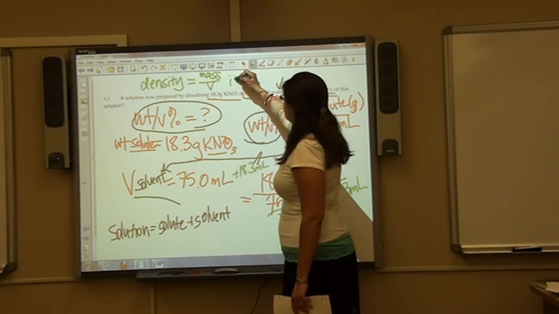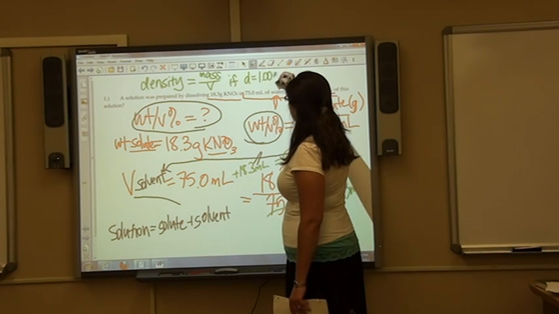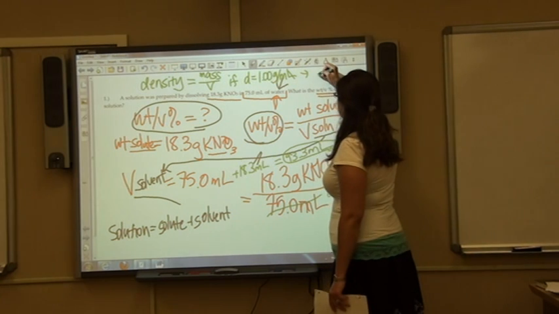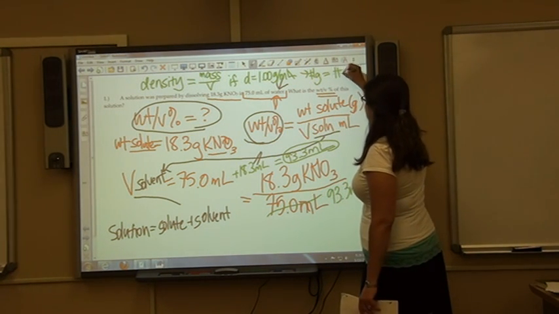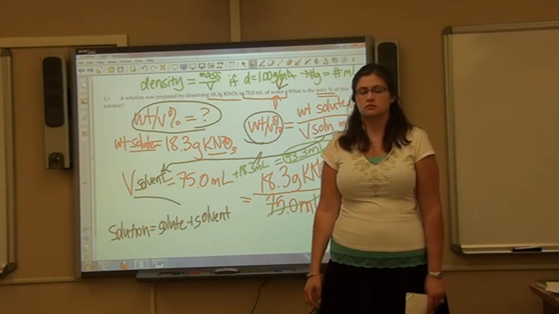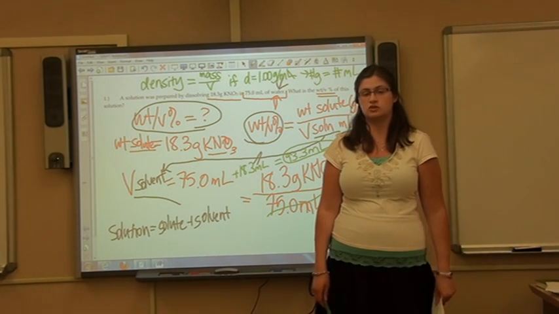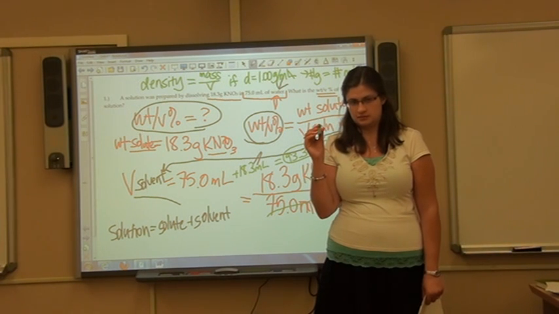And if you have a density of 1.00 grams per milliliter, that means your number of grams is exactly equal to your number of milliliters. Suffice it to say for you that grams is the same as milliliters when you're converting between the two. You'll only need that for these problems.